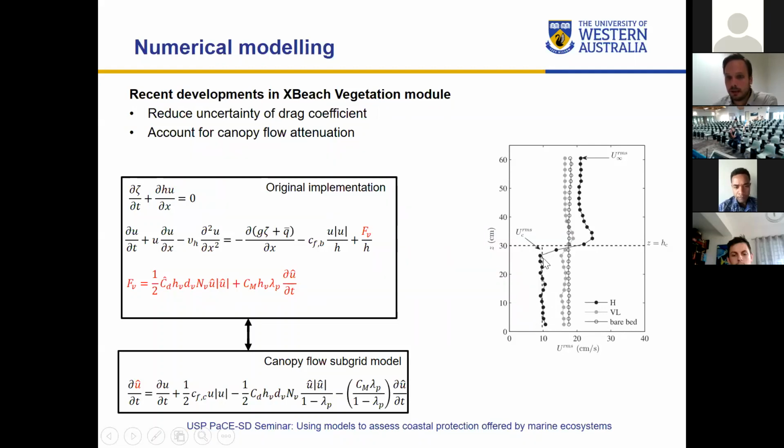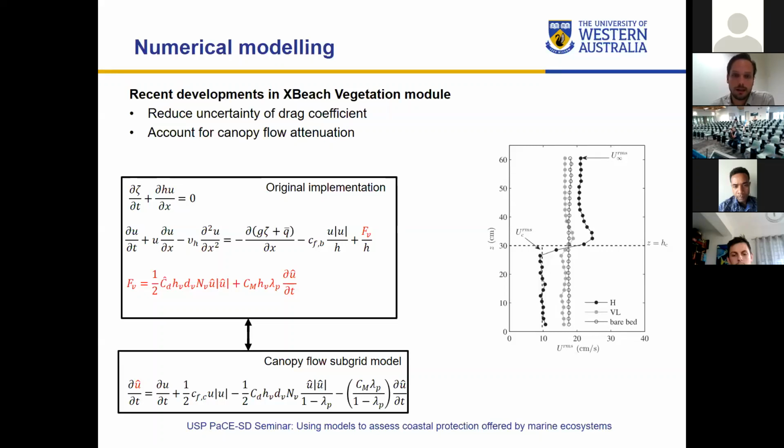The black dots are the measurements, and the dashed line is the top of the canopy. You can see that the velocity inside the canopy is a lot smaller than above. It's less than 50%, which is what you would expect, because waves propagating over this dense canopy will be attenuated. But this typically isn't accounted for other than tuning with the drag coefficient.